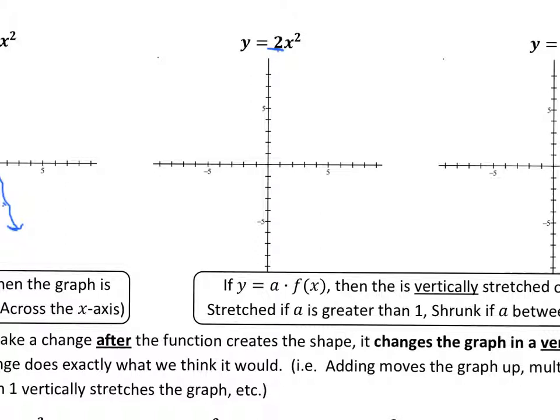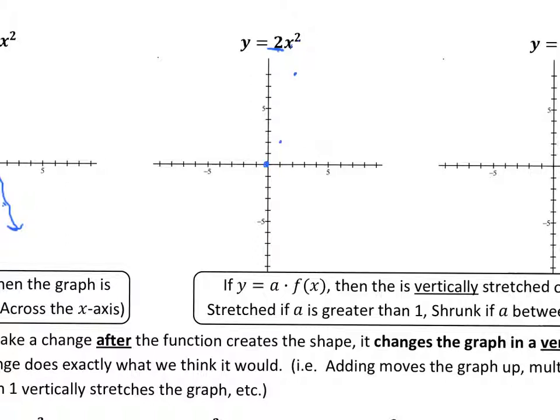The vertex is still the origin because we haven't shifted this one at all. So there's my vertex right there. Now when I go right 1, I'm going to go up 1 squared times 2, so I'm going to go up 2. When I go right 2, I'm going to go up 2 squared times 2. I go up 8. You got it.